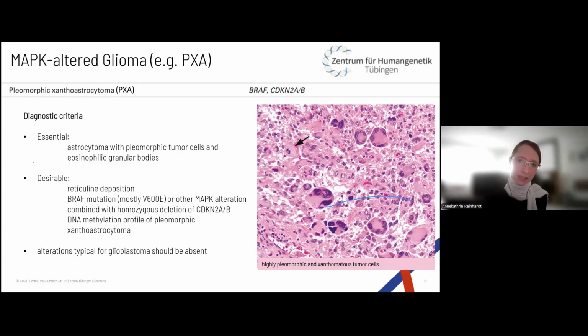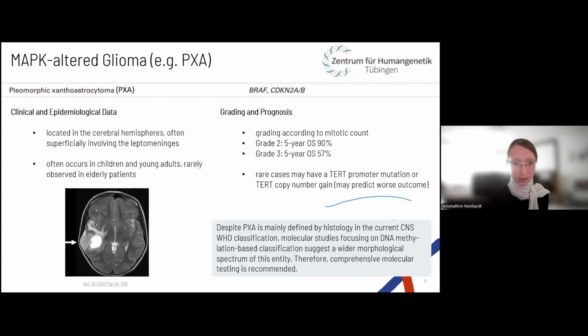And this MAP kinase alteration in combination with this homozygous deletion of CDKN2A/B is a good hallmark of this entity, particularly when we do not see any other alterations that would probably be suggestive of glioblastoma. So that means this entity is characterized by MAP kinase alterations, mostly BRAF, homozygous CDKN2A deletion, and lack of other alterations that could probably hint to glioblastoma.